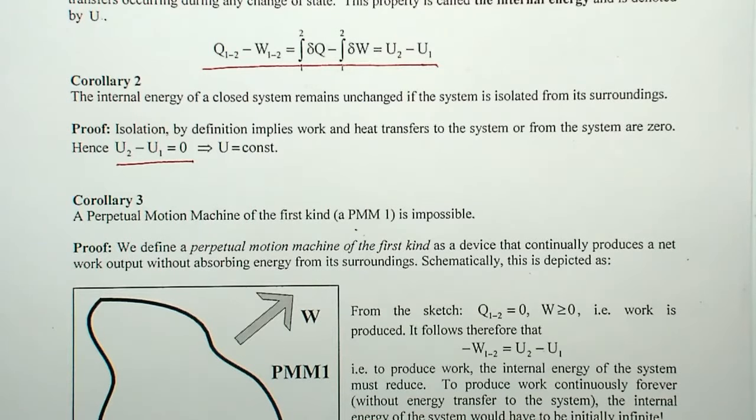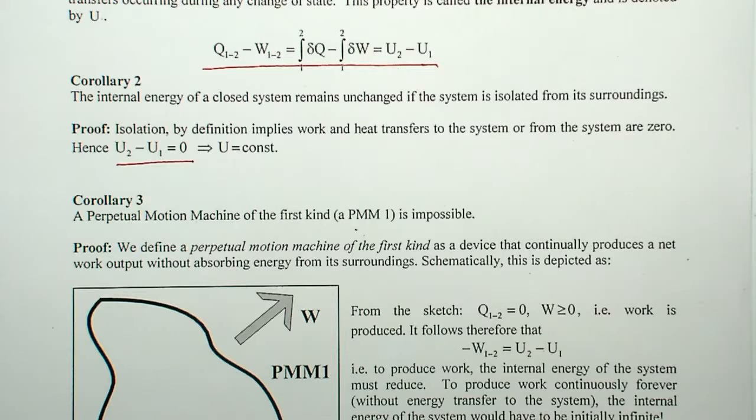Corollary 3 is about what we call PMM, or the perpetual motion machine. I'm not sure if you've come across PMM in other engineering applications or in other subjects. We've got essentially 3 different types of PMM. This is just the first kind. I'm not going to discuss the other 2.